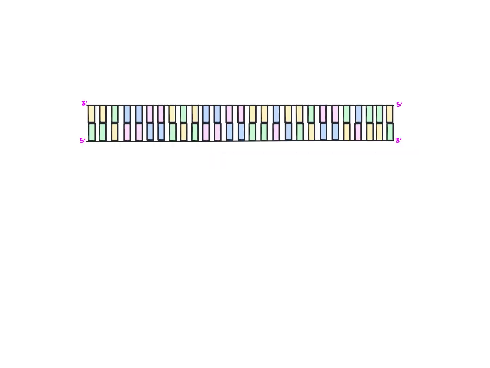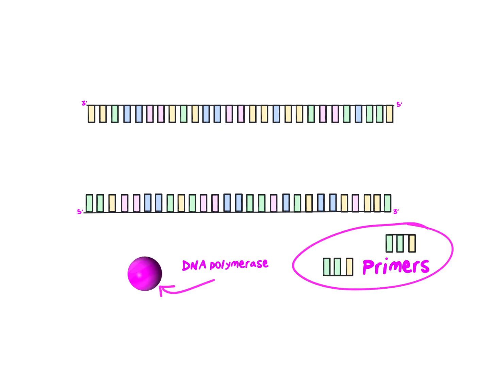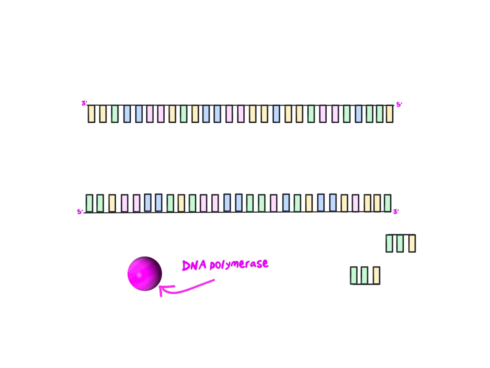So we've got our section of DNA, and we're going to separate the two strands through increasing the temperature. The temperatures I'll cover in a bit. We are then going to have something called primers. Now, primers are engineered to bind to specific regions of DNA, the flanking regions of this section.